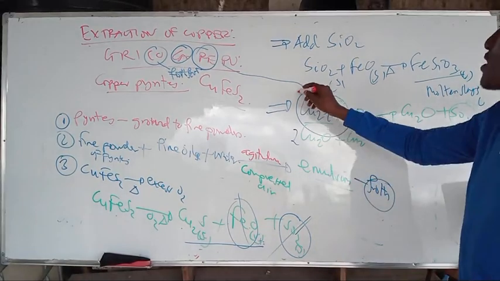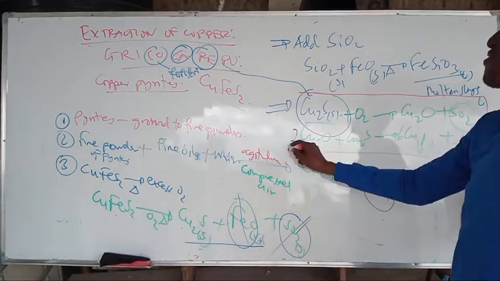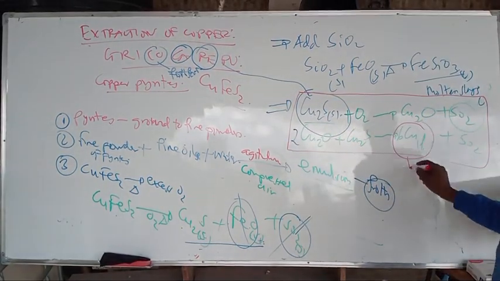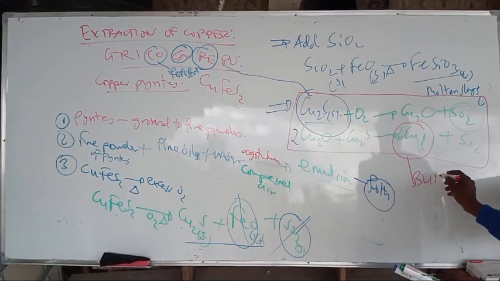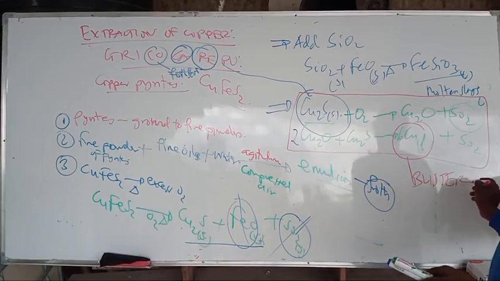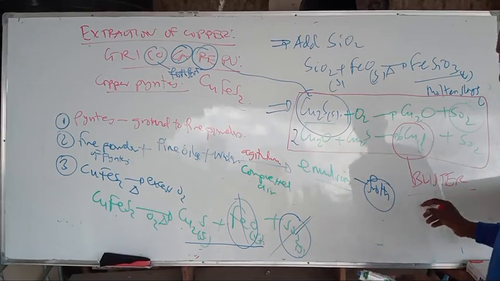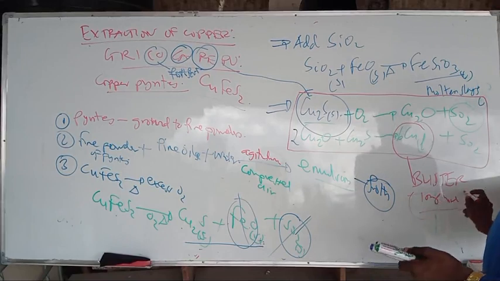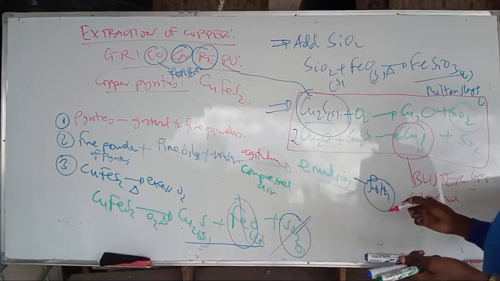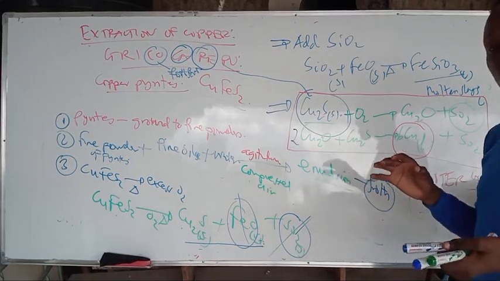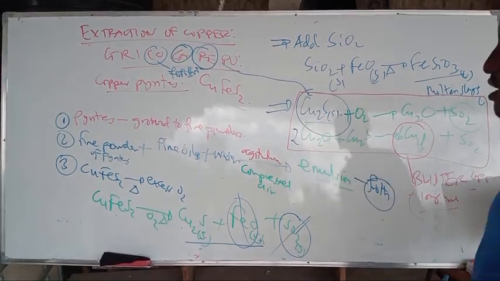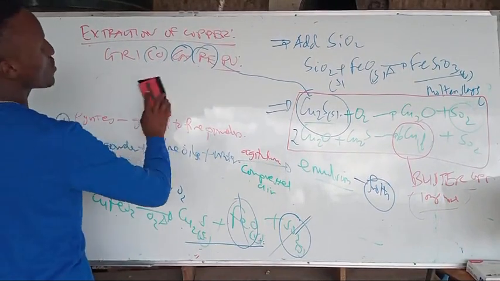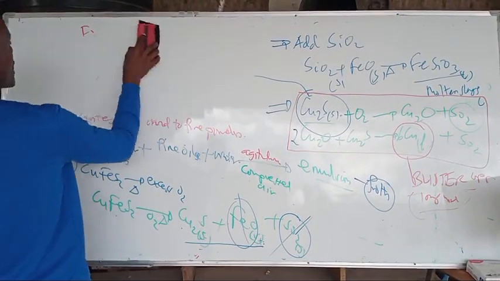This is the self-reduction process. What is obtained here is the blister copper. It's not pure. It's impure because there is some percentage of impurities still in the liquid copper. So we say now.